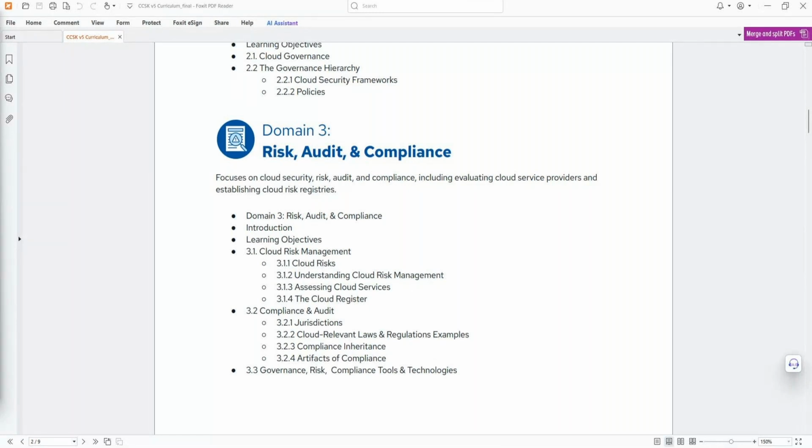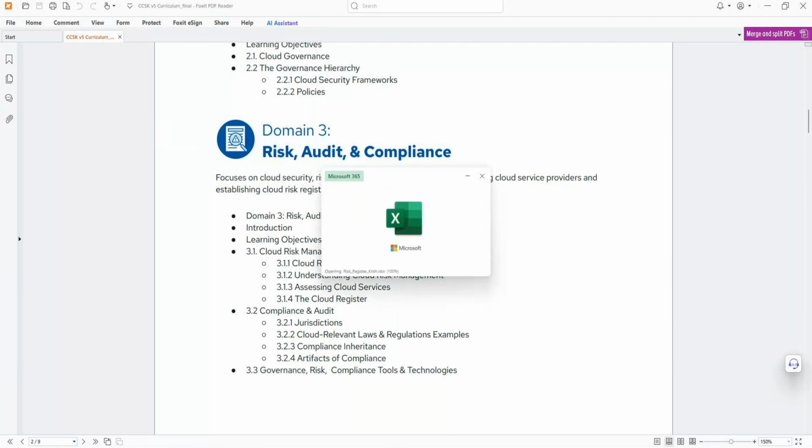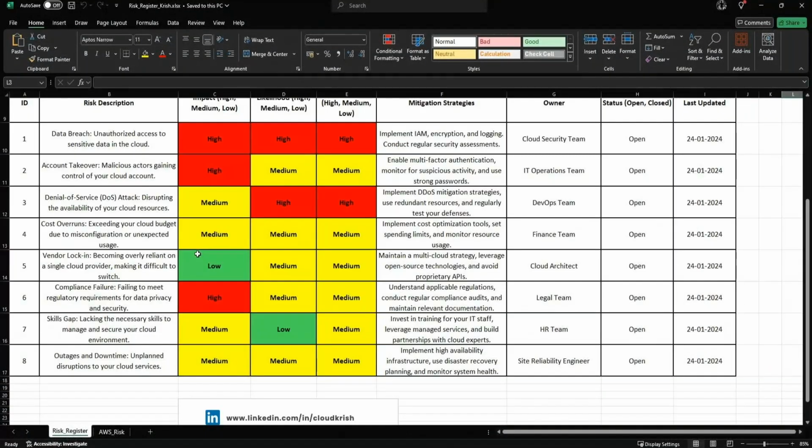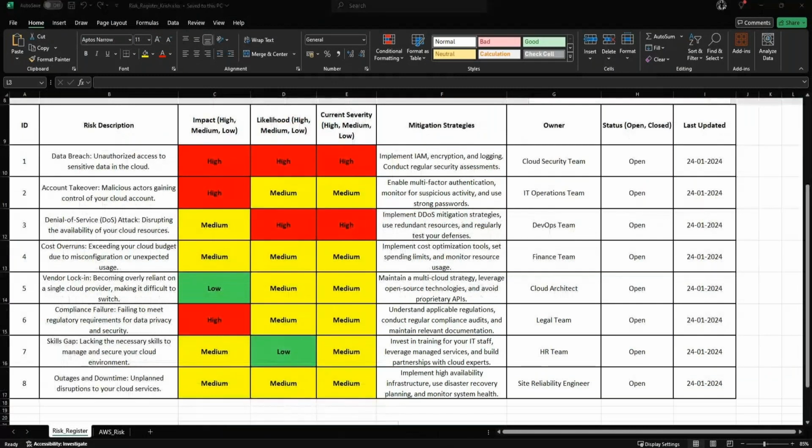This is an example of a risk register for on-premises. You should be able to make a proper risk register like this for the cloud platform, so that tomorrow you'll have visibility on what is wrong in the cloud platform.